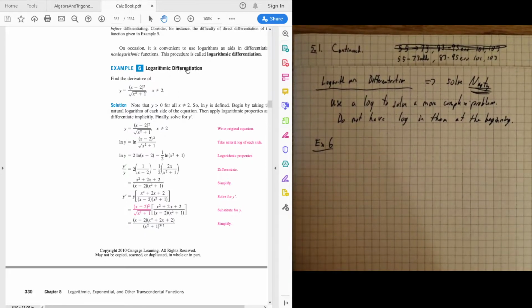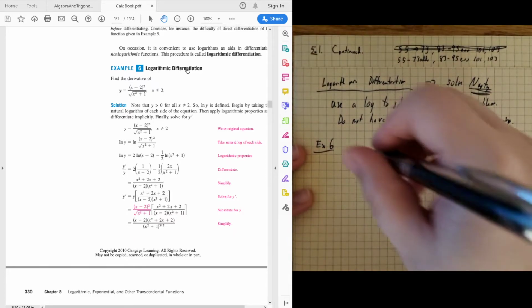And so for a second, I'm going to showcase exactly how to do this problem using old rules that allow us to actually solve this thing by standard techniques, and then use a logarithm to get to the solution much easier than normal. So let's take a look at the function.